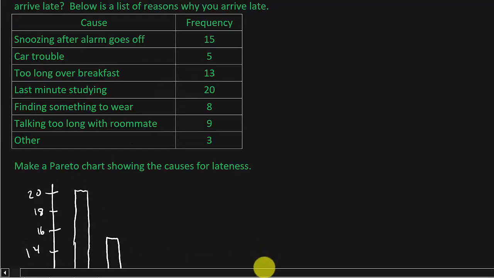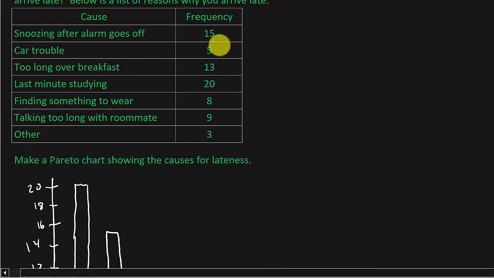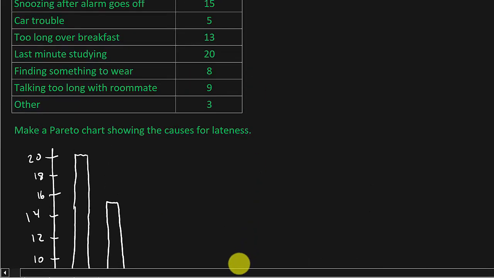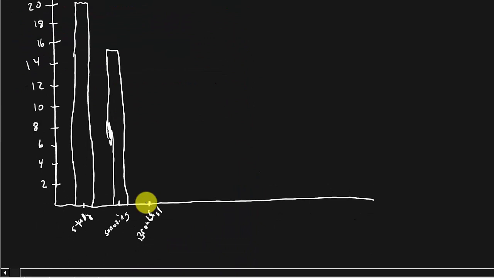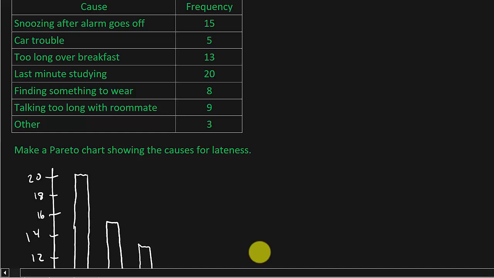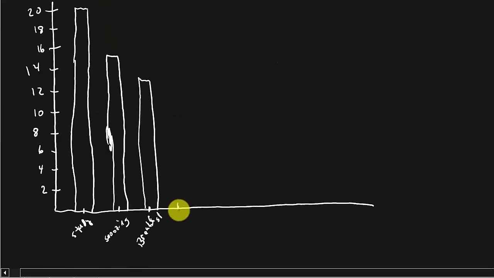And then the next one was, where is it? Breakfast. So we've got breakfast, and that was 13 times. So we're going to go all the way up to here. And then the next one is talking too long with roommate, so running your mouth basically.